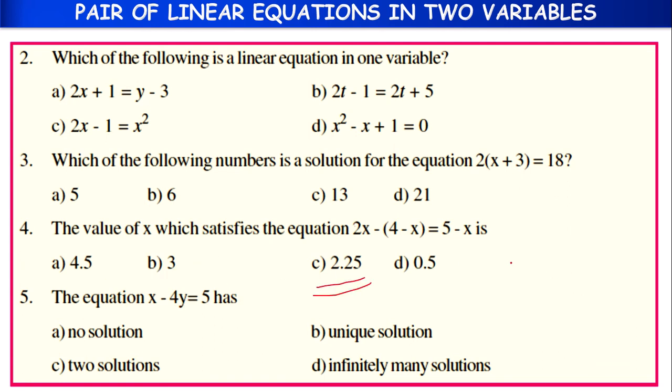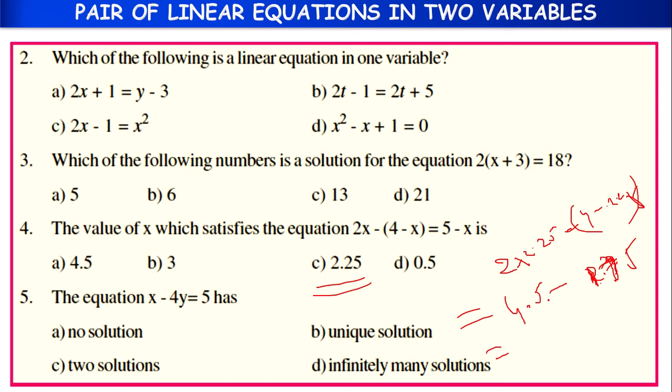Next, 2.25: 2 into 2.25 minus 4 minus 2.25. 2 into 2.25 is 4.5. 4 minus 2.25 is 1.75. 4.5 minus 1.75 is 2.75.